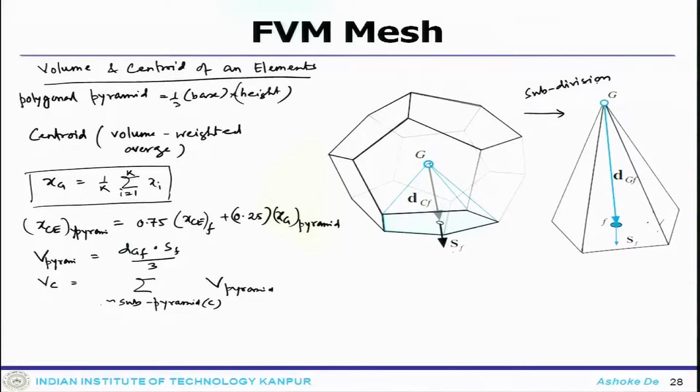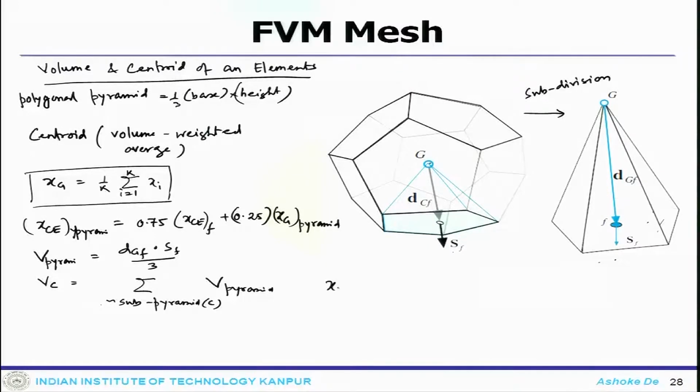Like our previous case, the tetra was divided into sub triangles, similarly this polyhedra is divided into smaller pyramids, and once we find out the volume of each pyramid and sum over those, we get the volume of this particular element.